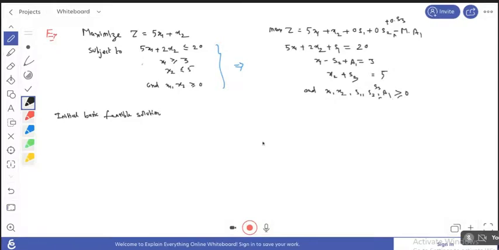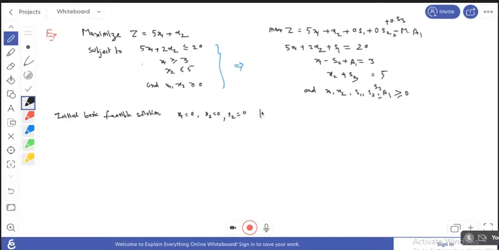Here x1, x2, s1, s2, s3, a1. The initial basic feasible solution is obtained by setting x1 equal to 0 and x2 equal to 0. These two are the slack variables, so if we put 0 in x1 and x2, we get the values of s1 and s3. The only problem is the artificial variable, where we must set the surplus variable s2 equal to 0.